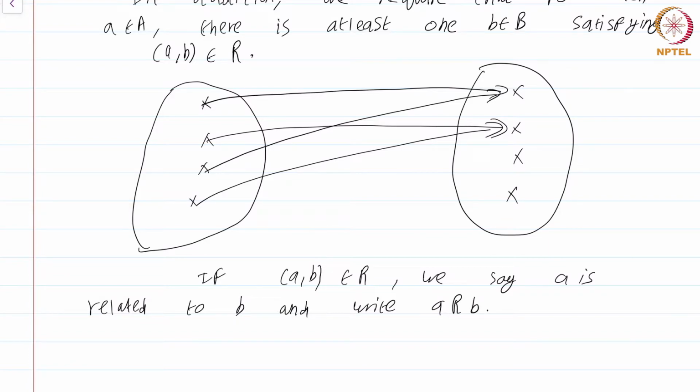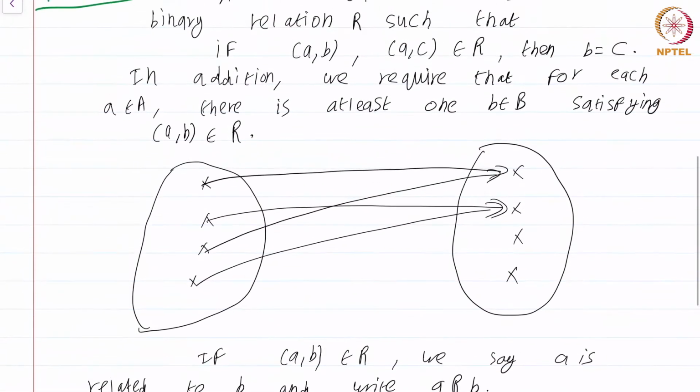So we are using sort of infix notation instead of ordered pair notation to say that a is related to b is the same as saying (a, b) is an element of R. A function would have another special property that if (a, b) is there in the relation and (a, c) is also there in the relation, then b has got to be equal to c.